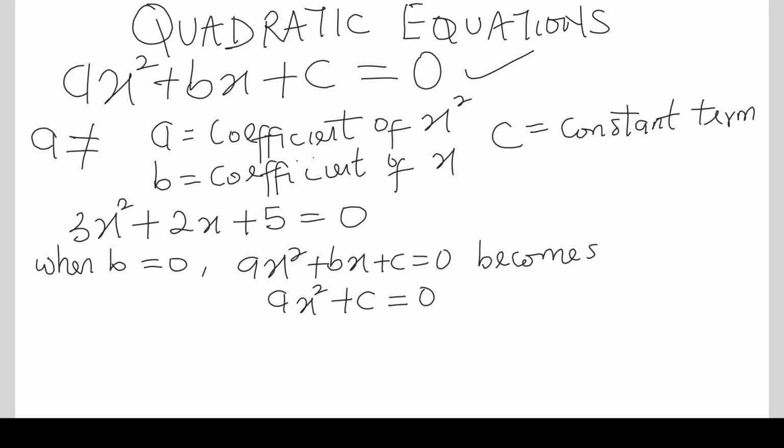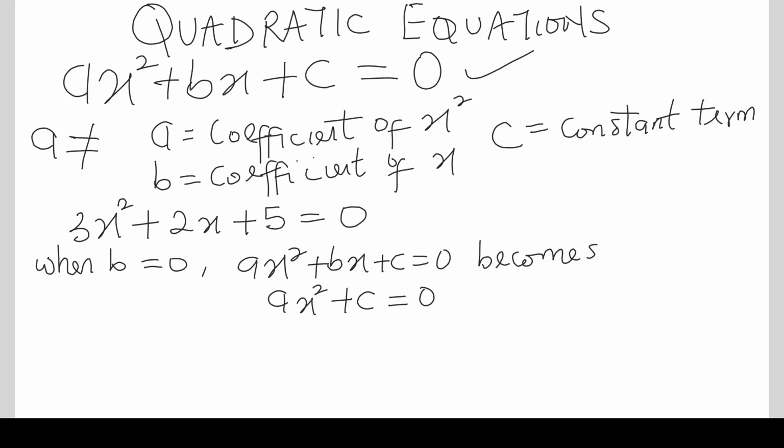That is, b is already 0, and b multiplying x will still give us 0. So the quadratic equation is reduced to ax squared plus c. So if you see a quadratic equation question like this, you can also solve it.